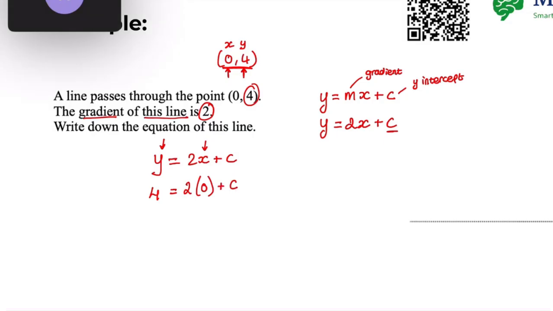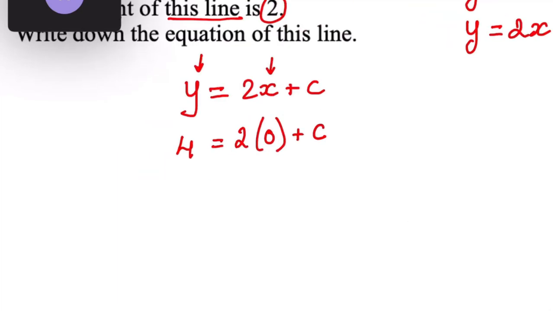Now we can rearrange this to work out what c is. 2 times 0 is 0, so we have 0 plus c equals 4. Because 0 plus c is just c, c will just be equal to 4.